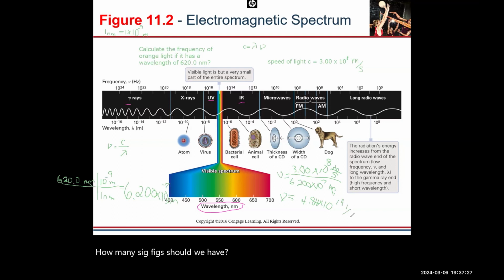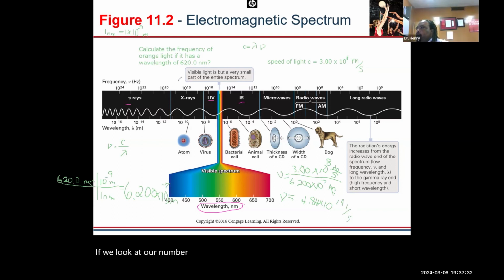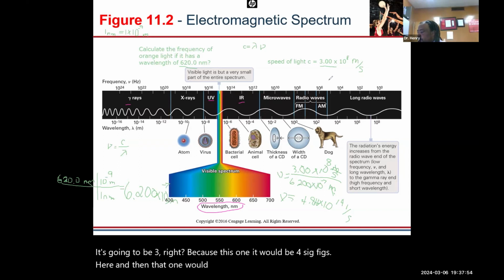If we look at our numbers here, and then our constant, it's going to be 3, right? Because this one would be 4 sig figs here, and then that one would be 3 sig figs. Okay, questions?